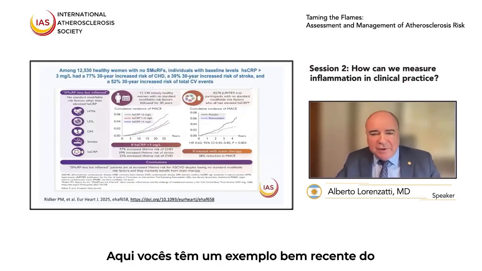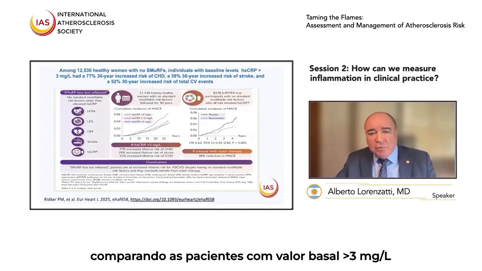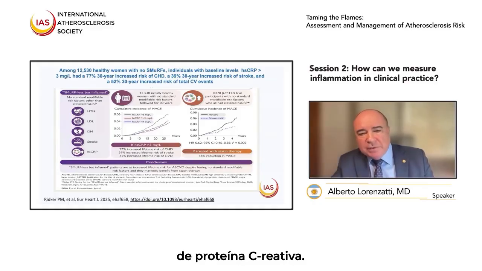Here you have a very recent example from the Women's Health Study, nearly 12,000 patients, comparing patients with a baseline C-reactive protein value of more than 3 milligrams per liter.